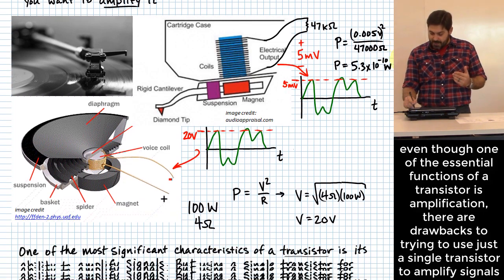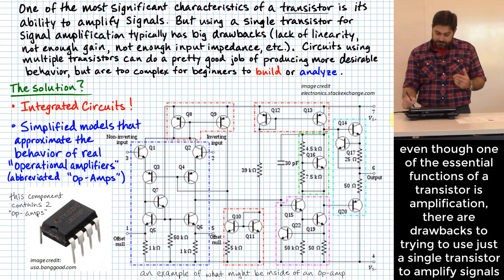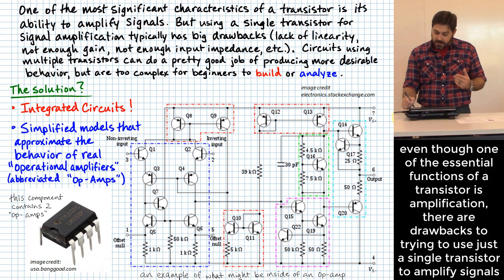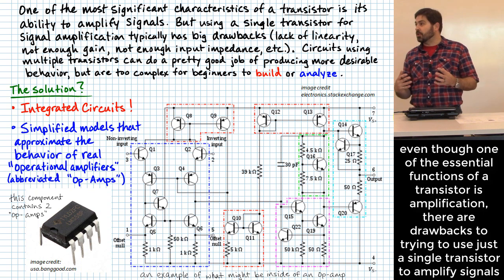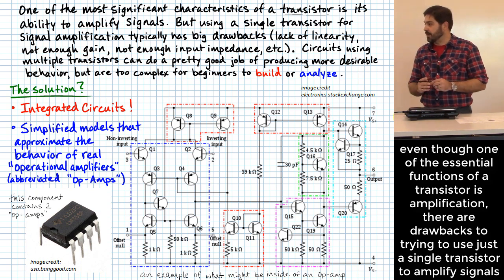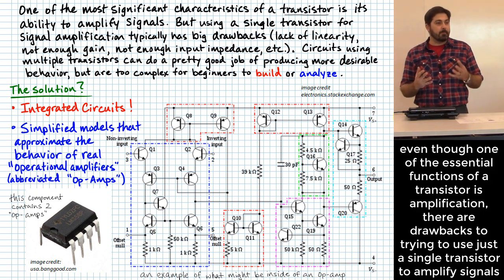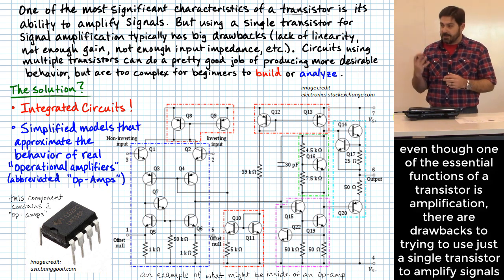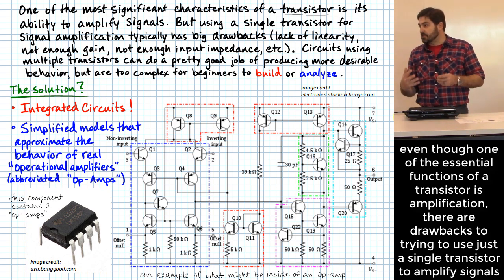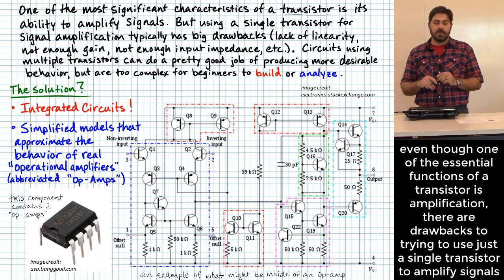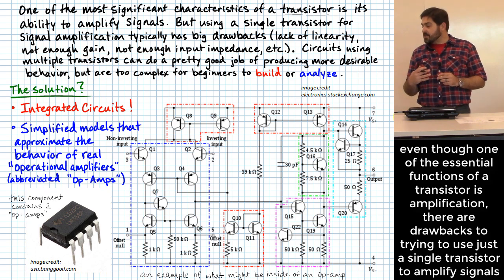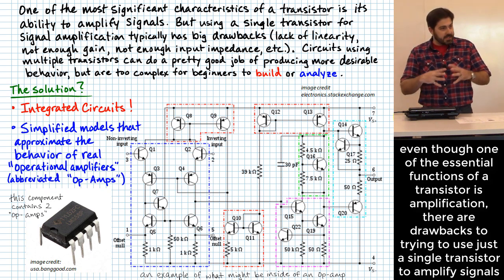Here's the problem. A single transistor has some characteristics to it. It does actually do current amplification. If you think about a normal, it's called a bipolar junction transistor, it does do this amplification of current, but it has some characteristics that are a little bit less desirable than we would want. It's a little bit hard for me to get into all of why.